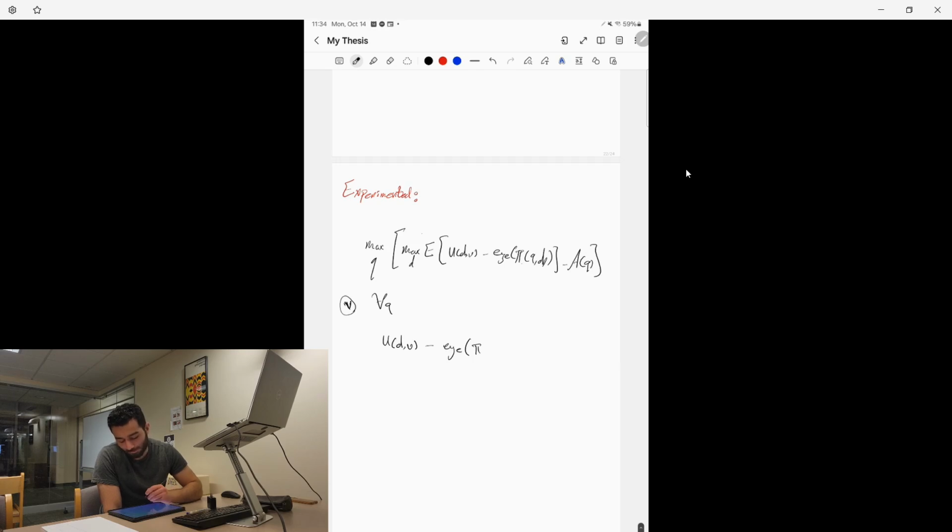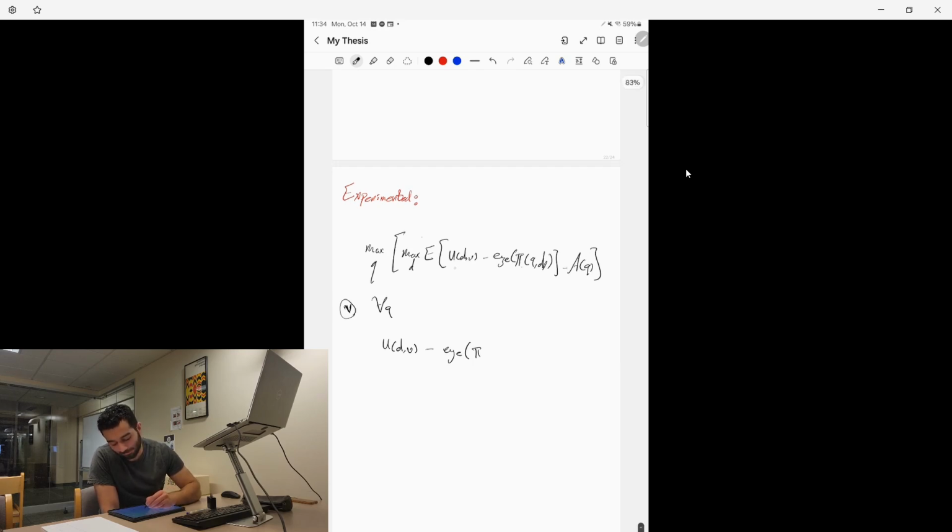When choosing an item, this is a random variable, an RV, u of d and v minus the eyeballing cost of pi, q and d.